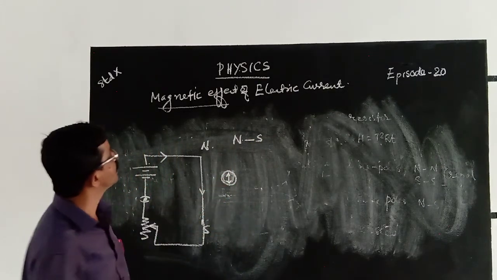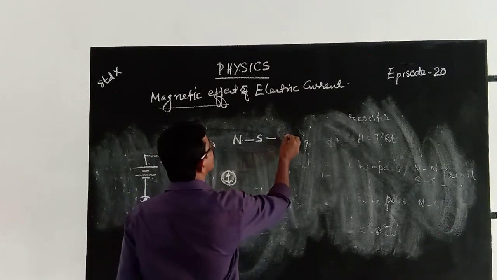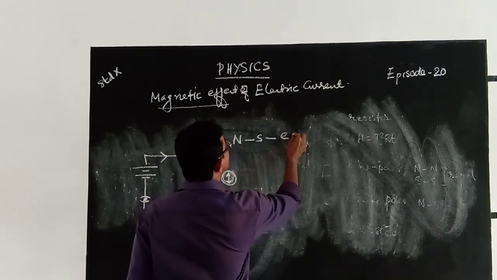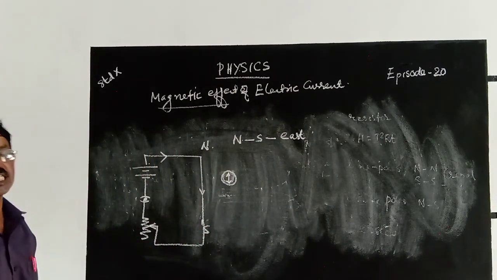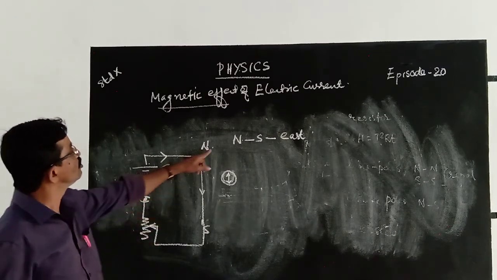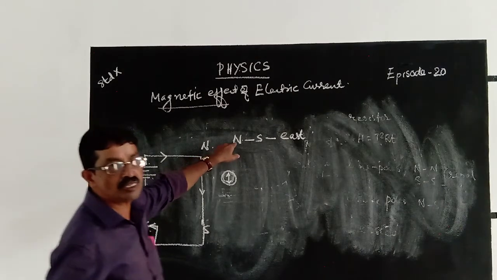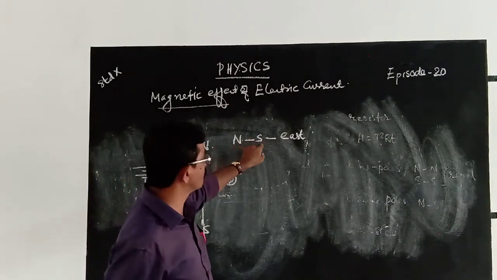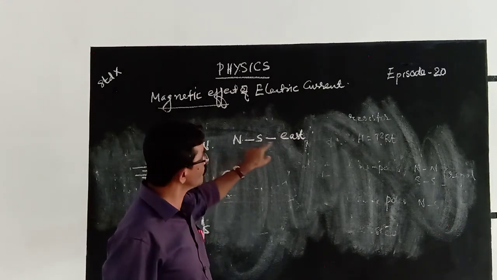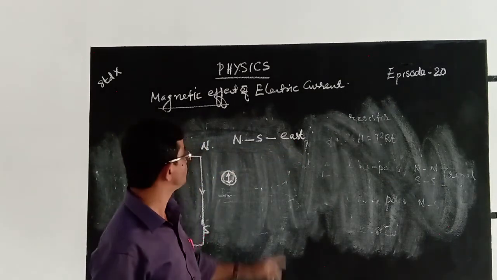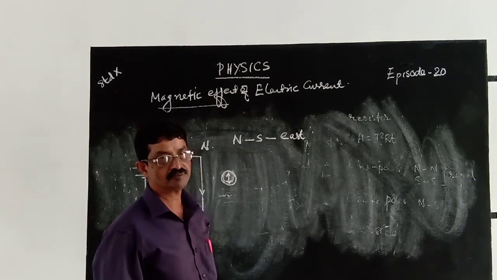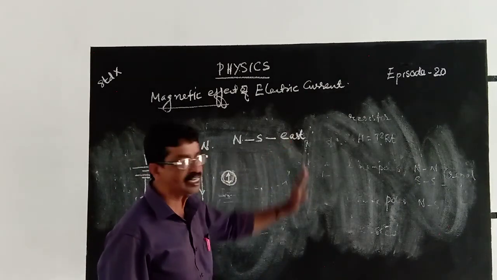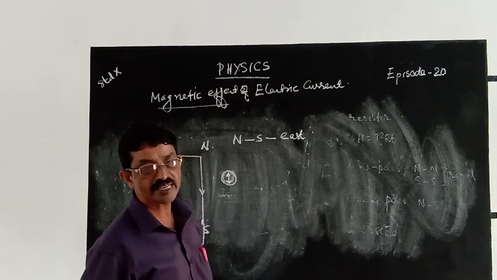Now you can see the north pole of this compass is shifting towards east, or deflected towards east. So with current from north to south, the deflection of the north pole is in the east direction. In which direction is it deflected? It is deflected to the east direction.